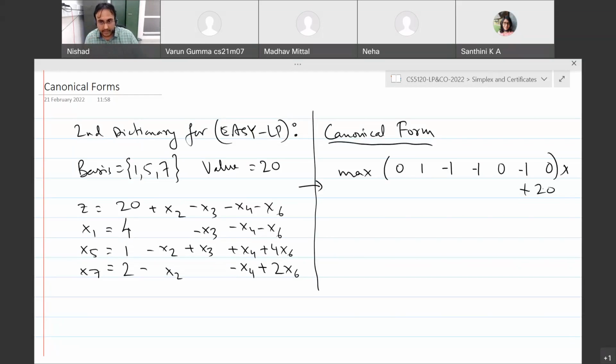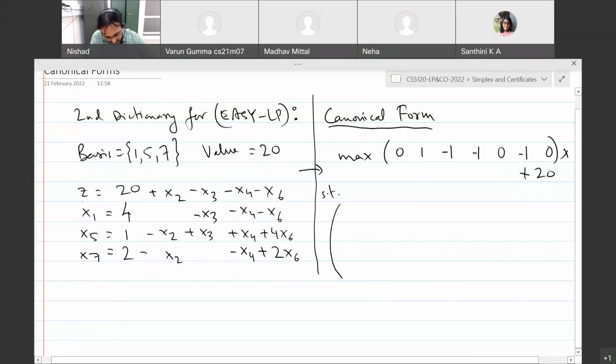I'm just writing everything in vector matrix notation. And what do we have here? Well, we want to write down these three equations, and we want to have on the right hand side the constants that we see, 4, 1, and 2, right?